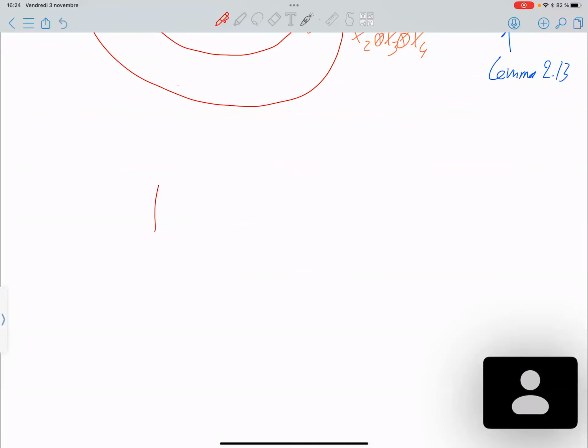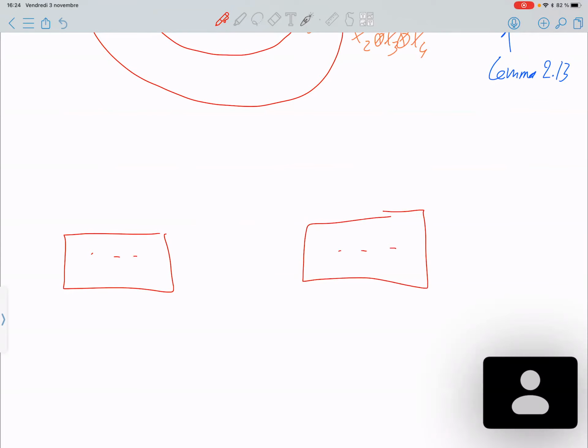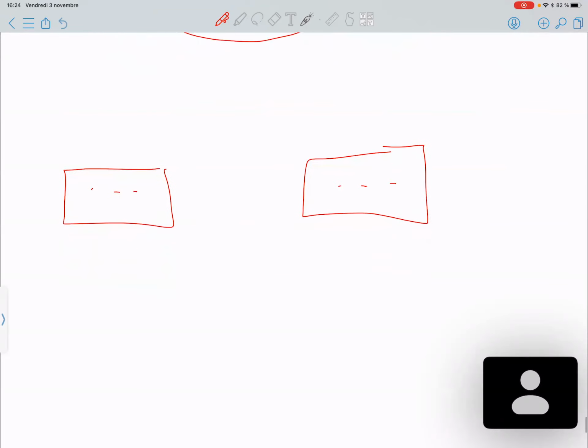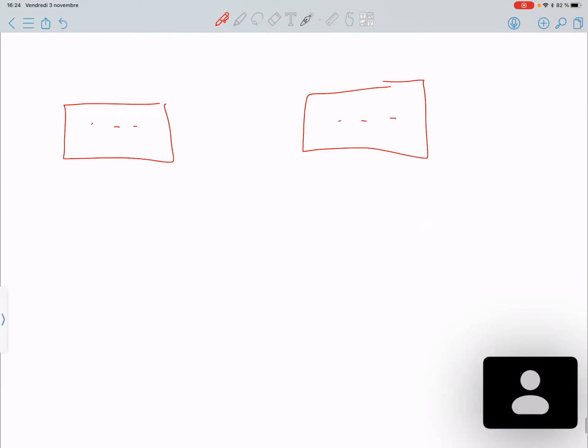So I will need a bit more space. And you have this monoidal structure here. No, not this one, not like that. So it's doing here something like that.